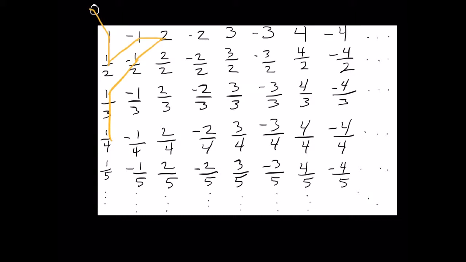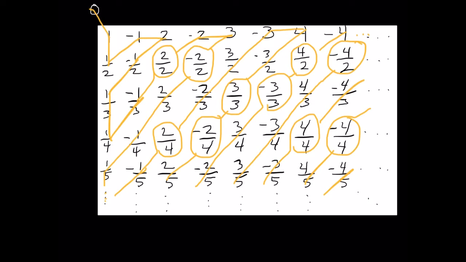Notice how we're going to snake through and hit everything in this pattern. -1/3. Then we seem like we're going to get to 2/2, but we've already counted 1. So you just skip over 2/2 and go to -2. Then to 3, skip over the -2/2 because we've already counted -1. Then continue on to 2/3 and so forth.